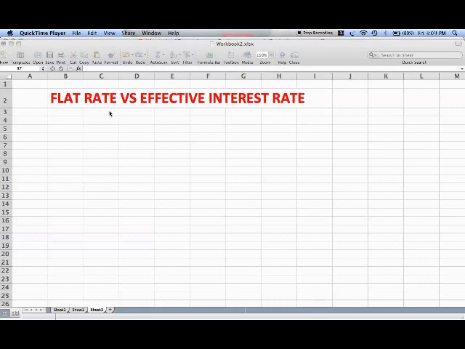Probably you are quite familiar with the term flat rate.